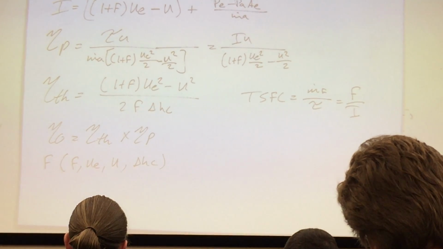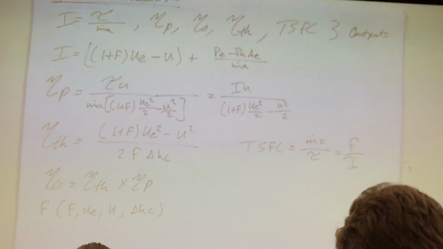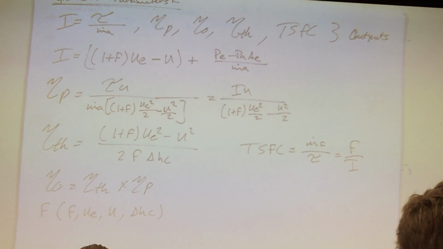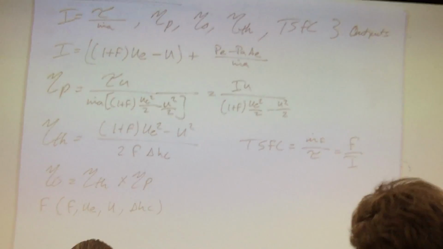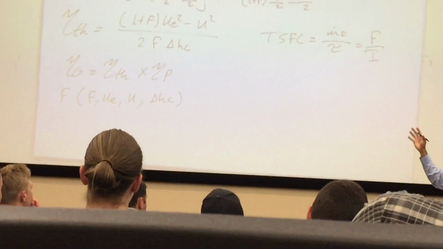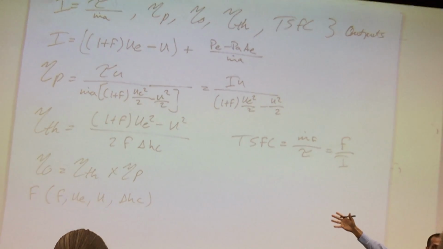However, you need the exit velocity. And if it's given to you, then just plug it in and you've got your values. However, that's not the case. You're always designing that engine. So you're controlling U exit.